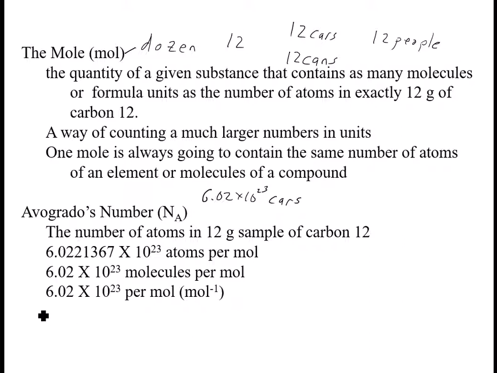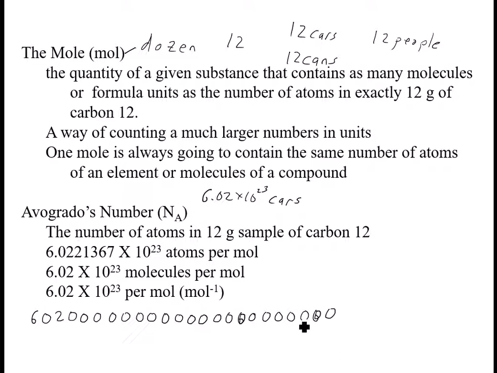So if I start down here, I've got 6, and then I've got 1, 2, 3, 4, 5, 6, 7, 8, 9, 10, 11, 12, 13, 14, 15, 16, 17, 18, 19, 20, 21, 22, 23.